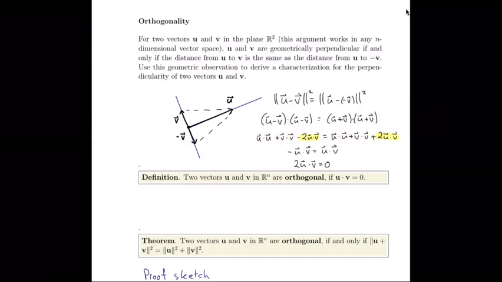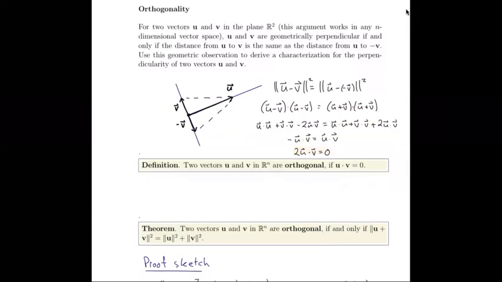Divide by 2, and we get negative u dot v equals u dot v. Add u dot v to both sides, and we have 2 u dot v on the right equals 0 on the left. And that's written in reverse down here. 2 u dot v equals 0. Well, the only way for that to be true is if u dot v is equal to 0.